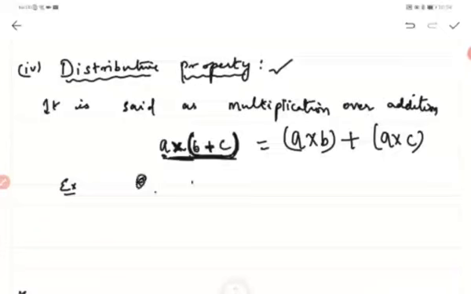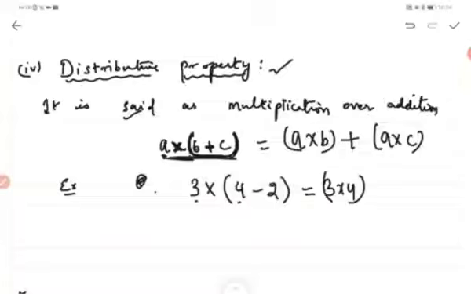This is 3 multiplied by (4 minus 2). By using the distributive property, how can I go? 3 cross 4 minus 3 cross 2.